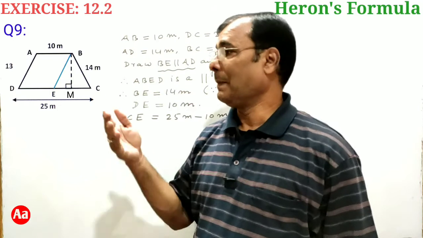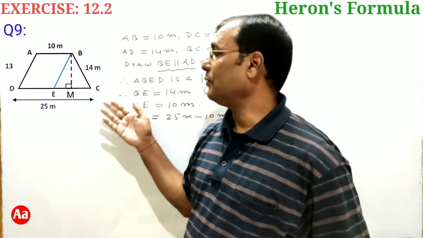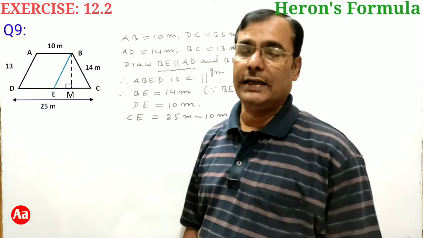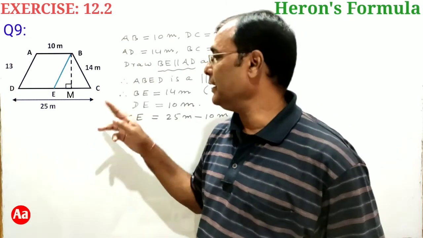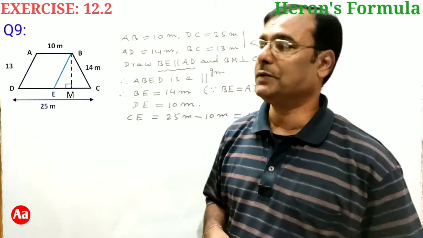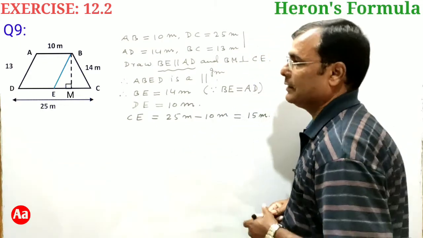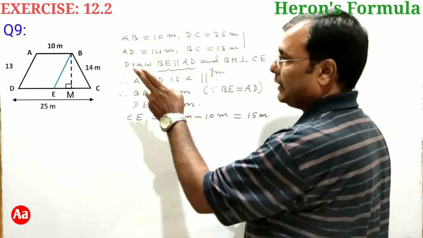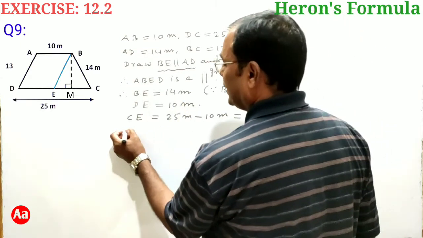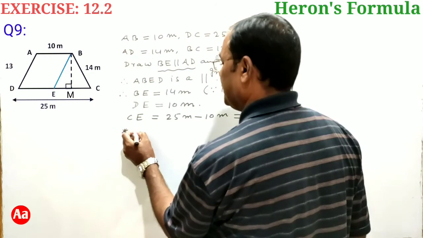So by calculating the height of the trapezium, that is BM, we can find out area of the trapezium shaped field ABCD. So first we are going to calculate area of triangle BCE.